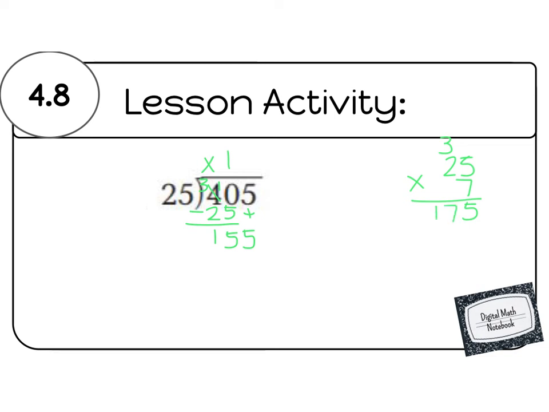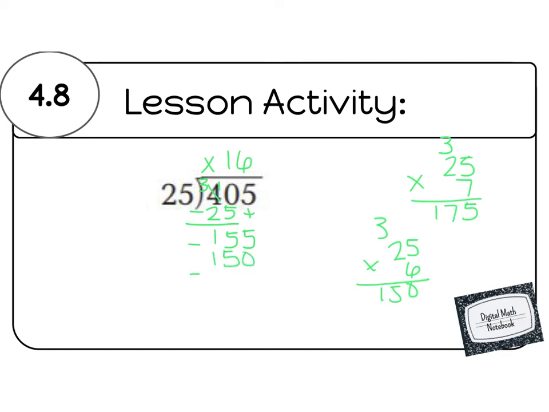That's 175. Oopsie, look, that's too much. So let's go down 1. So 25 times 6. 6 times 5 is 30. 6 times 2 is 12. That's 150. That's what we wanted. There we go. So it goes in 6 times, which is 150.